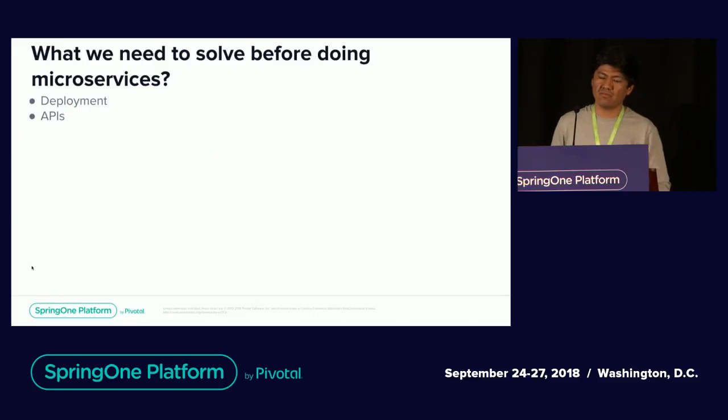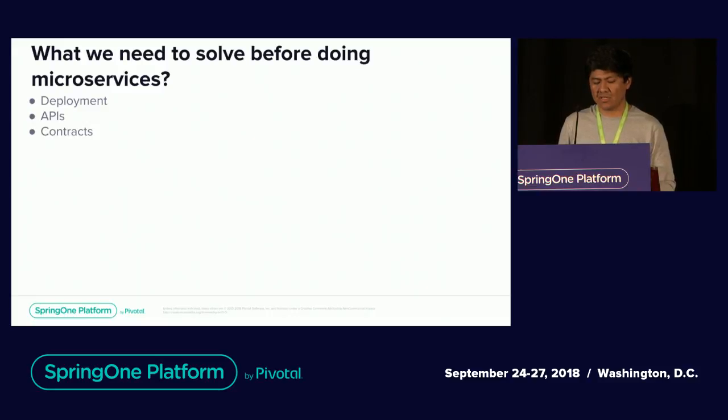APIs, we need to build APIs properly in order to expose them to our consumers like any device out there or other third-party services. Contracts, we need to address how we communicate with the other services that we are integrating with.